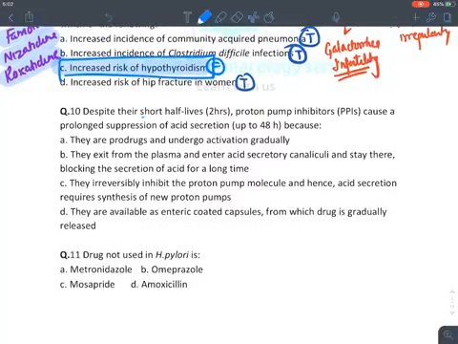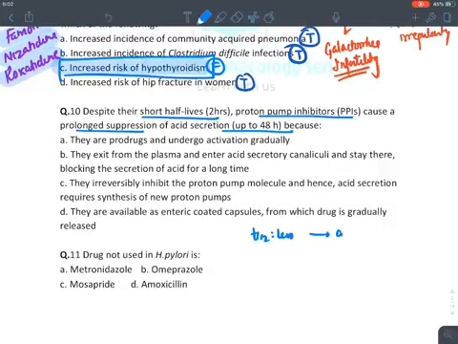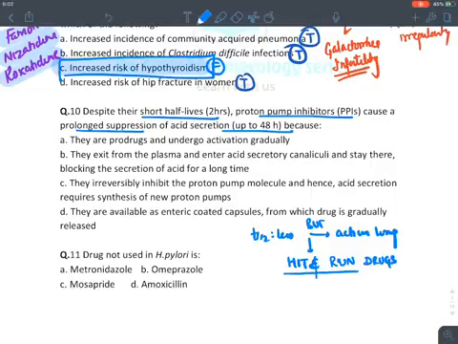Okay. Now despite a short half-life, proton pump inhibitors can cause prolonged acid suppression up to 48 hours because, remember, if a drug has a very short half-life but its action is very long, these drugs are known as hit and run drugs. So proton pump inhibitors are examples of hit and run drugs. Why?